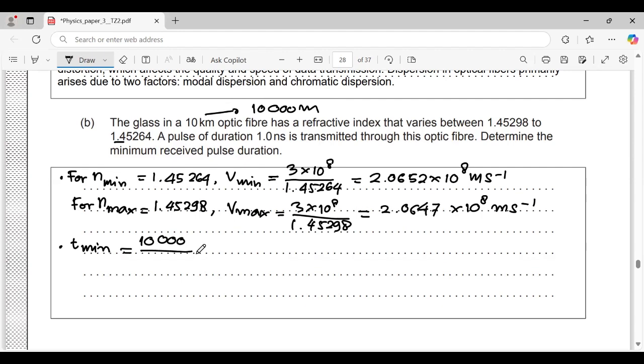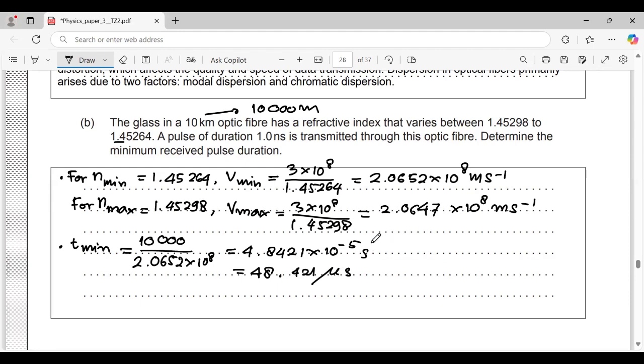So 10,000 meters over 2.0652 times 10 to the power 8. The result is 4.8421 times 10 to the power minus 5 second, or 48.421 microseconds.